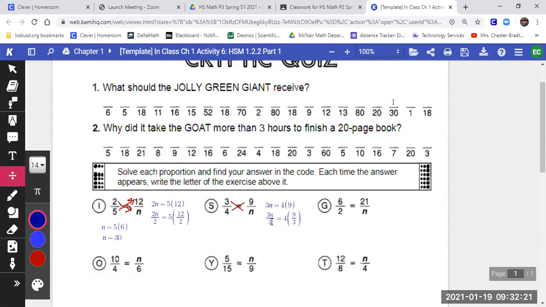Do I need to say 3 over 3 anymore in front of this n? No, because what does 3 over 3 equal again? 1. And does multiplying by 1 matter? No, it just gets us in. That's right.